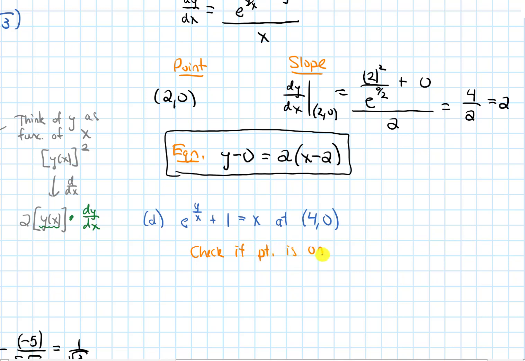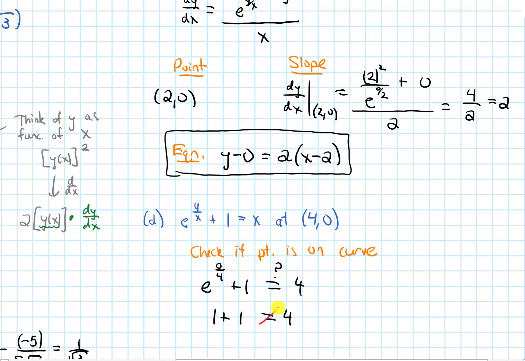Check if the point is on the curve, because if it's not, then I can't take the tangent line at that point. If we plug it in, we get e to the 0 over 4 plus 1, and I want to know if that's going to be equal to the x value, which is 4. So this is 1 plus 1, and does that equal 4?